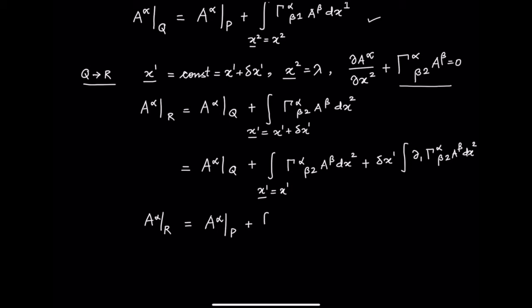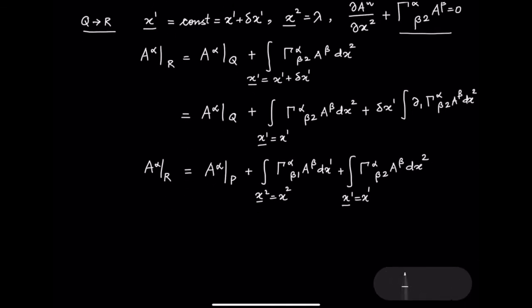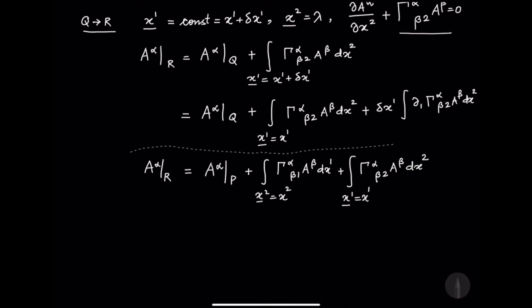So I have one integral where x2 is fixed at x2, gamma alpha beta 1 A beta dx2 dx1, plus another integral with x1 fixed at x1, and that integration is over dx2. I need some space, so let's make some space.